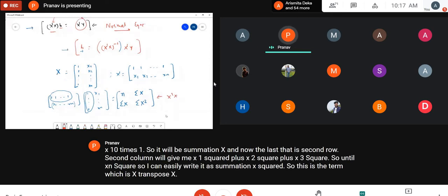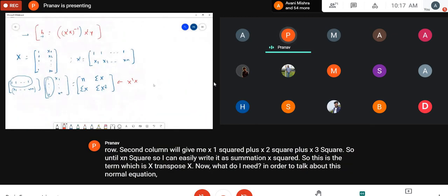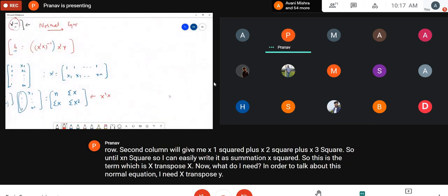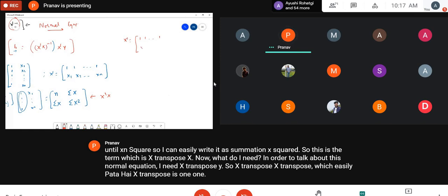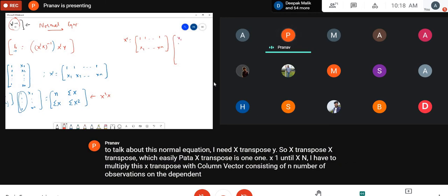Now what do I need? In order to talk about this normal equation, I need X transpose Y. X transpose I easily know: 1, 1, 1, x1 till xn. I have to multiply this X transpose with the column vector consisting of n observations on the dependent variable, so it will be y1 to yn.